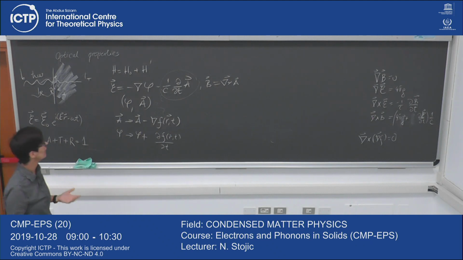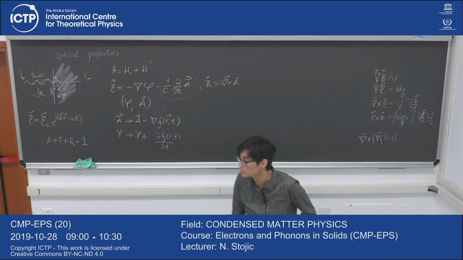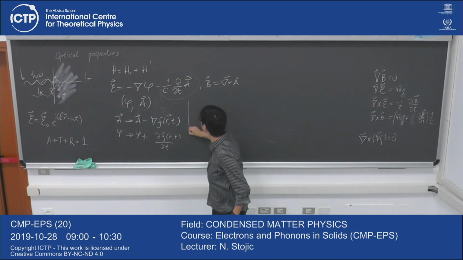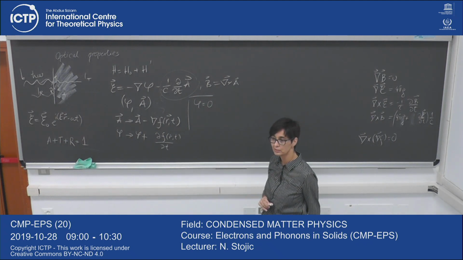And in this lecture, what is common in this derivation is to use a gauge where phi is 0. This is what we will do also.